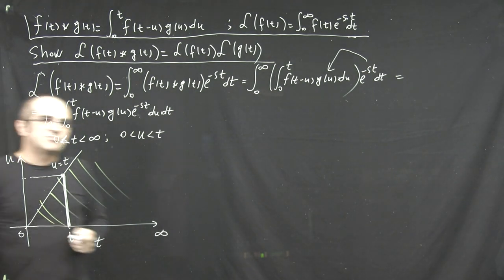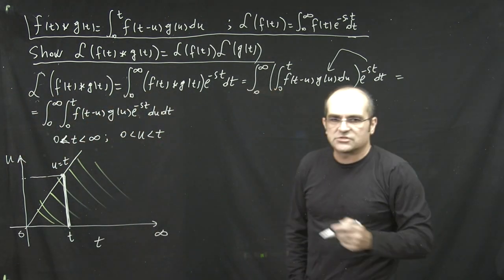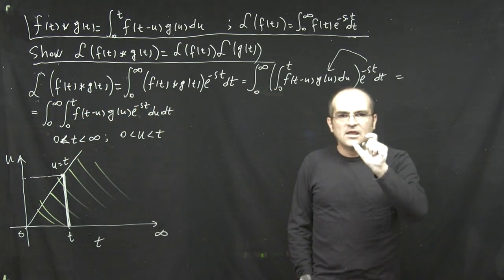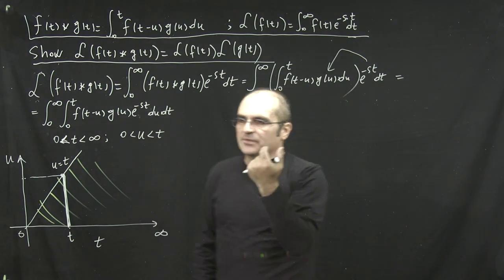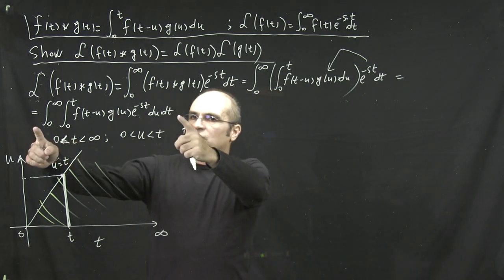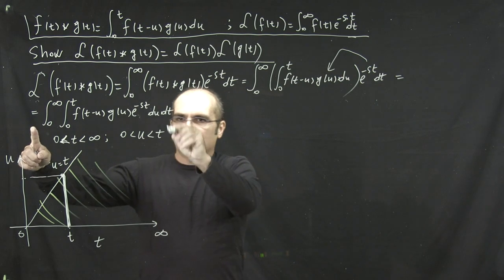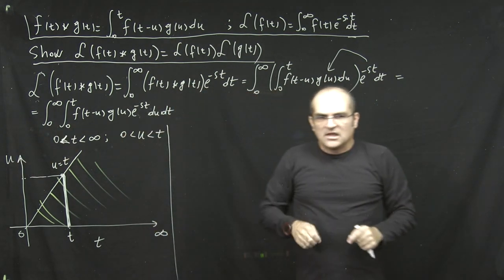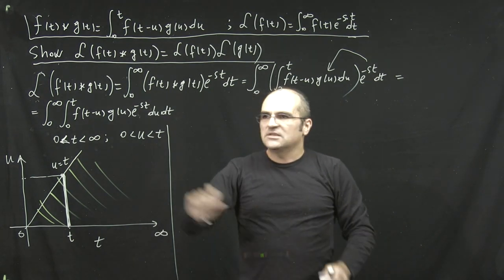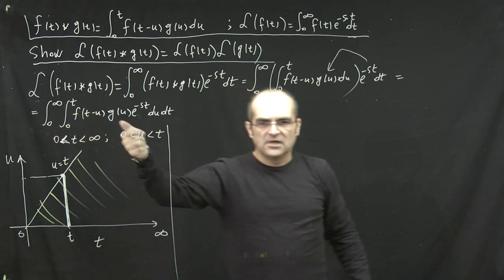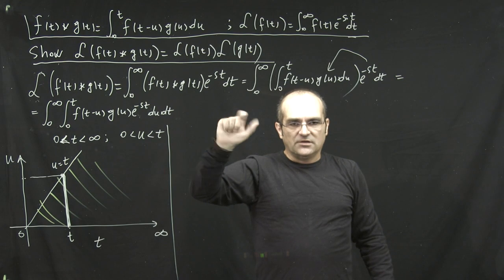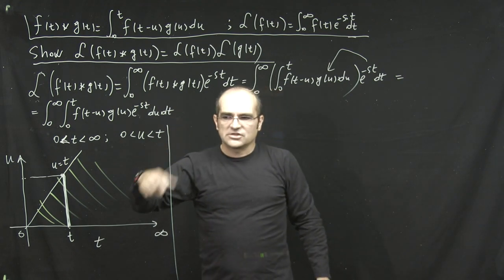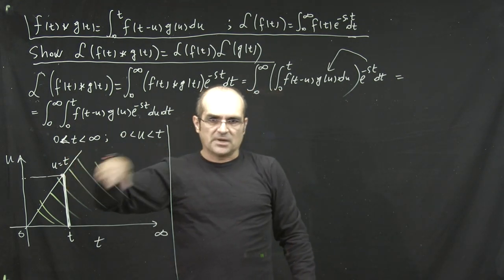At this point we're going to do what we learned to do in calculus 3 in a double integral. We're going to switch the order of integration. So I'm going to do the outermost integral in terms of u, and then the innermost integral in terms of t. If you didn't take calculus 3, you may think that it's just a matter of switching these integrals. But in fact, if you do change the order of integration, the bounds will change as well.